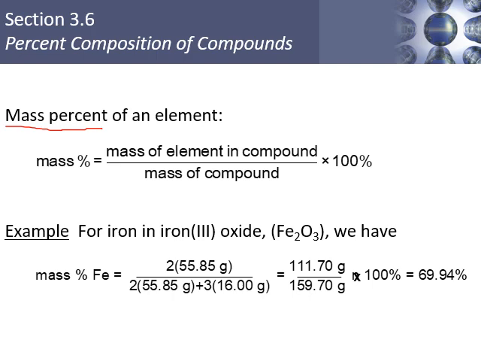So mass percent is just the mass of, for example, if you've got a compound like H2O, the thing that you're looking for, which could either be the H or the O, divided by the total mass.